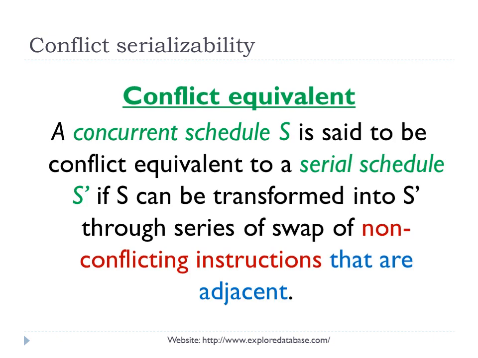A concurrent schedule is said to be conflict equivalent if it can be transformed into an equivalent serial schedule through a series of swapping of adjacent non-conflicting instructions. By the word equivalent, we mean that the result produced by these schedules, that is the concurrent schedule as well as the serial schedule, should be same.